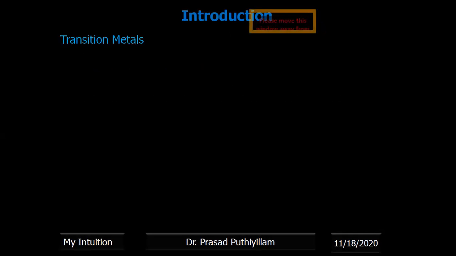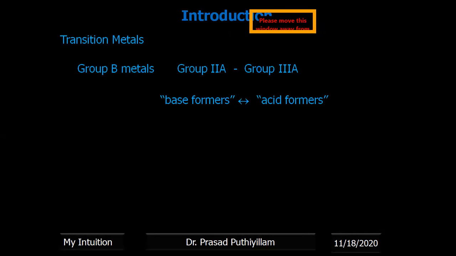Transition metals, as already studied, are group B metals, or we also call them group 2A, or between group 2A and group 3A in the modern periodic table. They are also called base formers to acid formers, because on the left side of the transition metals they are base formers, and towards the right side they become acid formers.